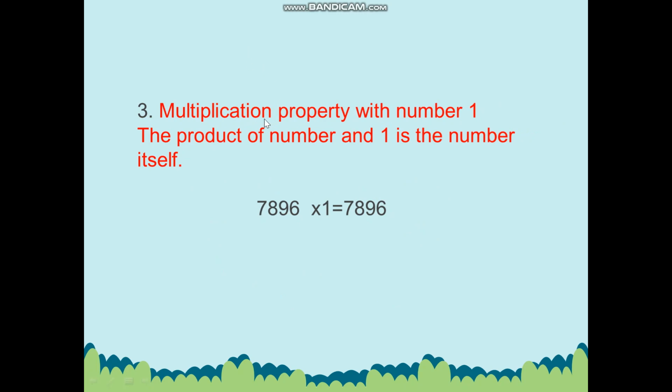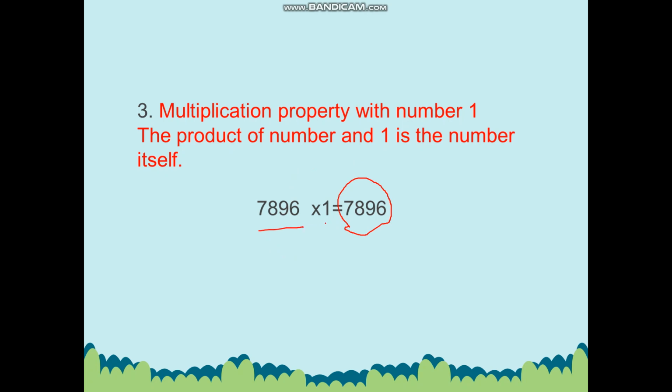The third property, the multiplication property with number 1, says that when we multiply any number with 1, the product will be the number itself. It doesn't matter how big or small the number is.